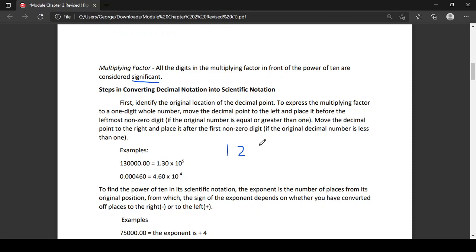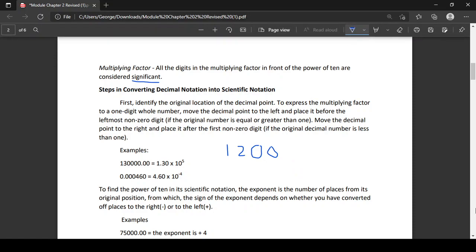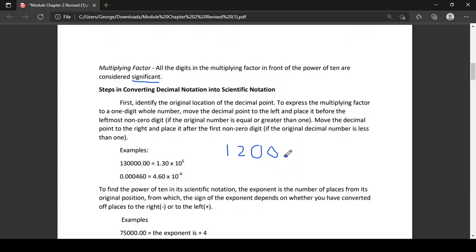1,200. Kids, what is the exponent if 1,200 is given to me? There is no decimal shown. Zero, sir. Yes, the answer is zero, sir. Yes, very good. Okay, convert it now, kids, into your scientific notation. 1.2.